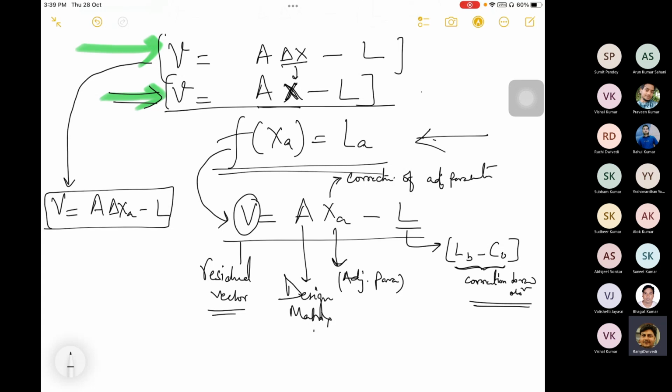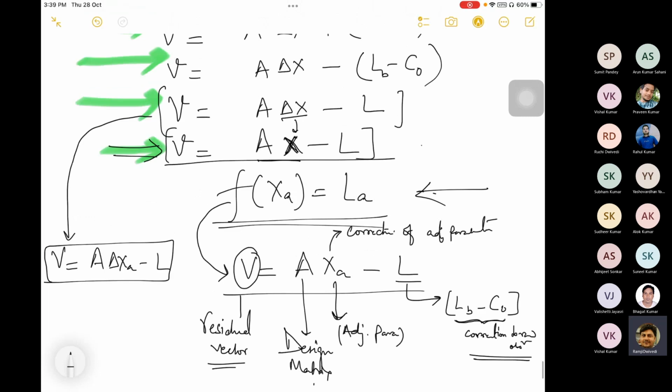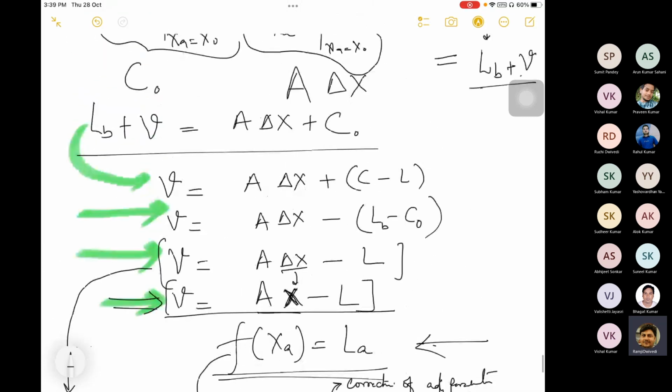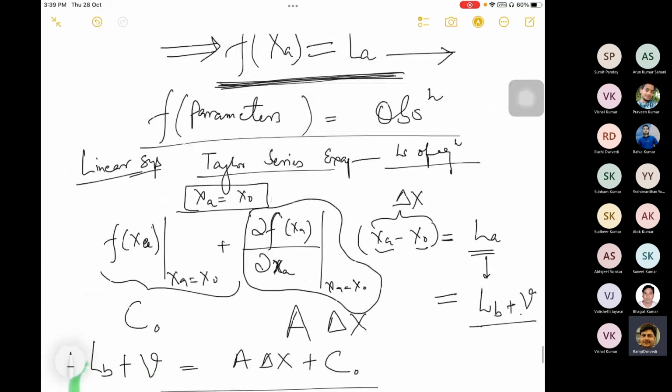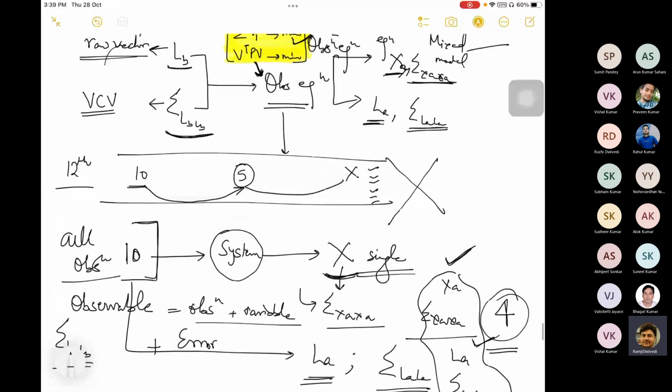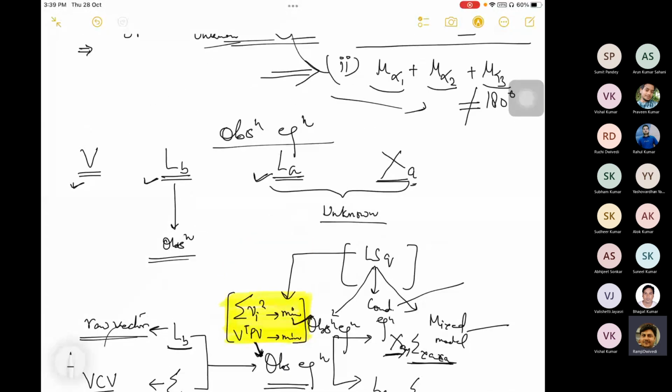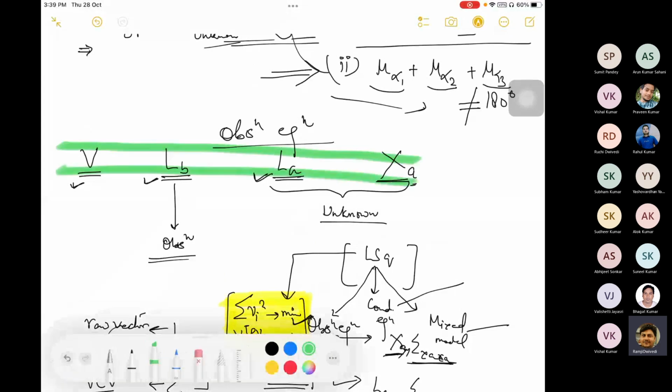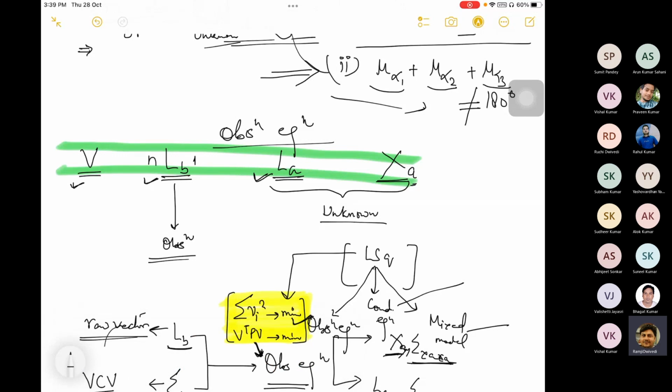Given the non-linear model, if we could achieve the linear model, that is one way. I'm just scrolling back to top, for your better understanding about the matrix size. Here, I'm highlighting so that you can correlate with what we are discussing. The size of LB, the initial raw observation: it is n cross 1.